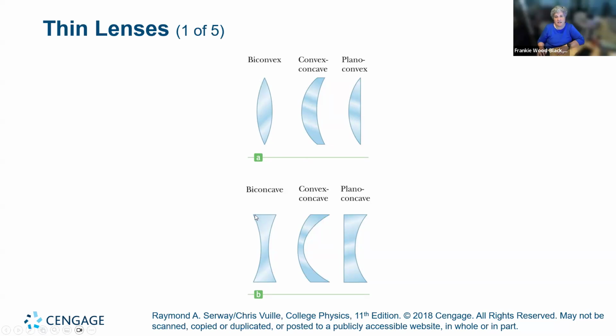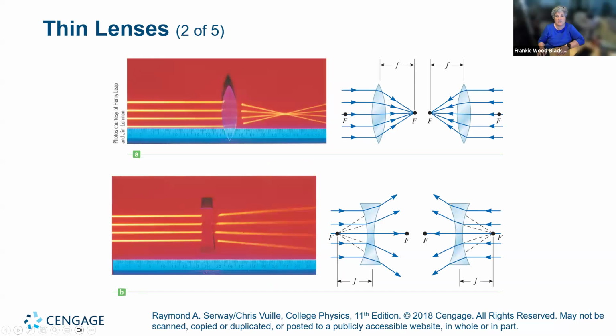Now, if I have something like this, where I have biconcave or convex concave, but now I've got a real drastic piece here, and plano concave, here my ends are wider than my middle. Those are all going to be diverging lenses.